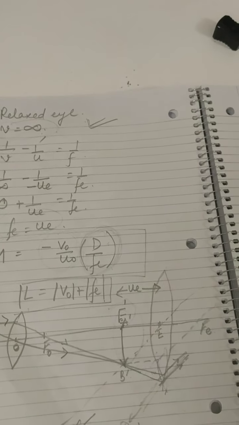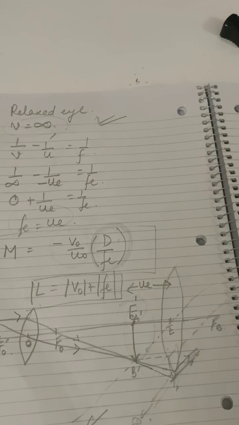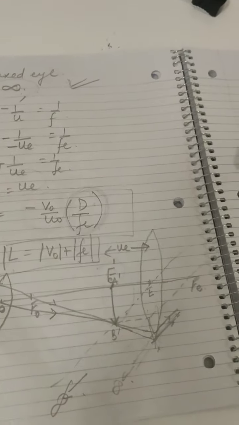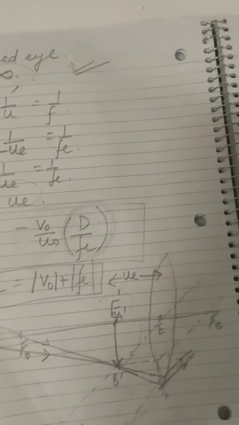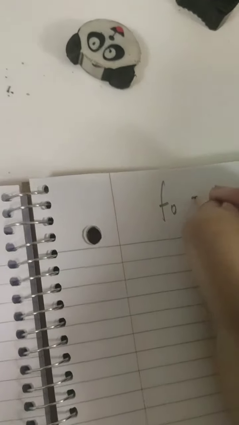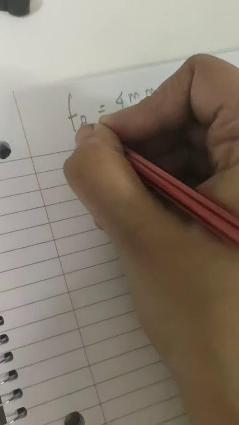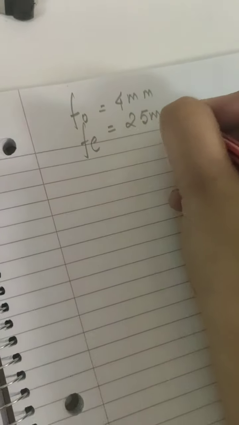The focal length of the objective of a compound microscope is given as 4 millimeter, and the focal length of the eyepiece of a compound microscope is given as 25 millimeter.